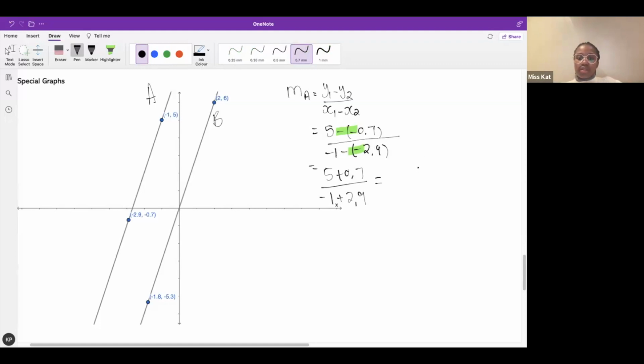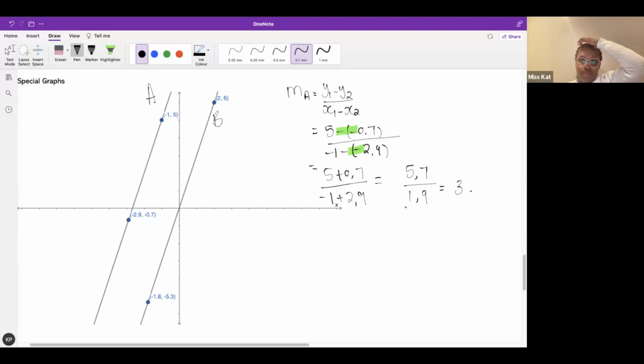Yes, let's add them first. So it's going to be 5.7 over 1.9. Then it's going to be 3. Here we go. So we have gradient number 1.